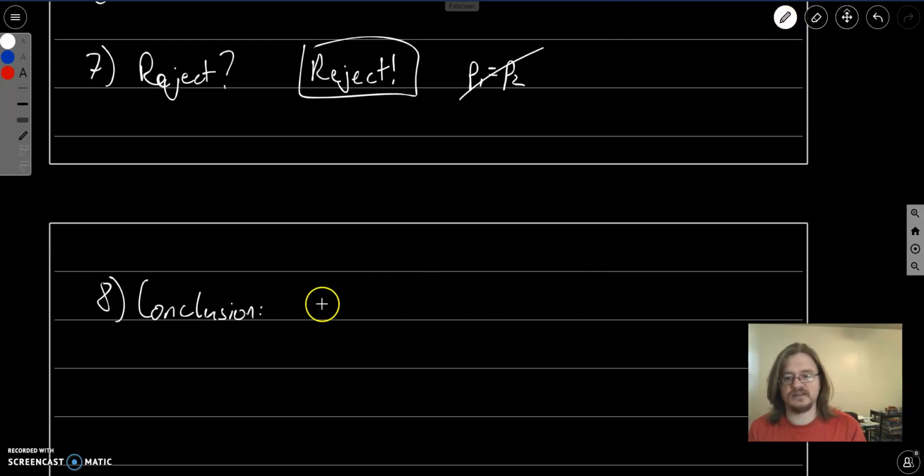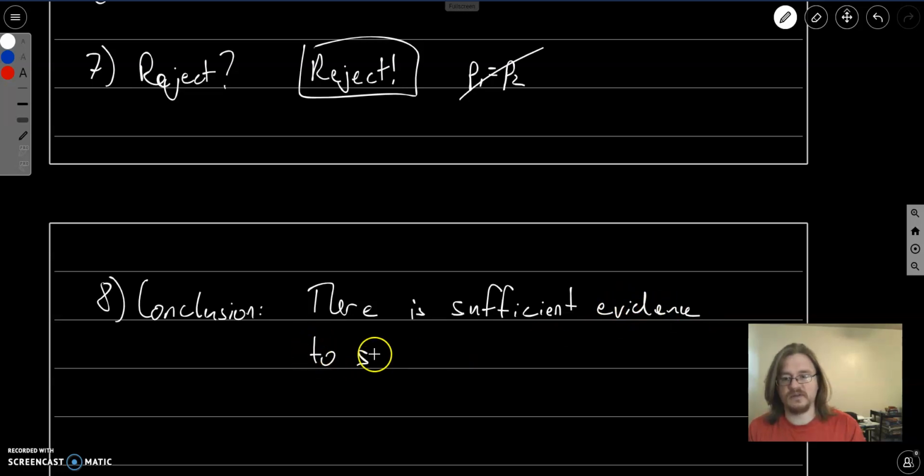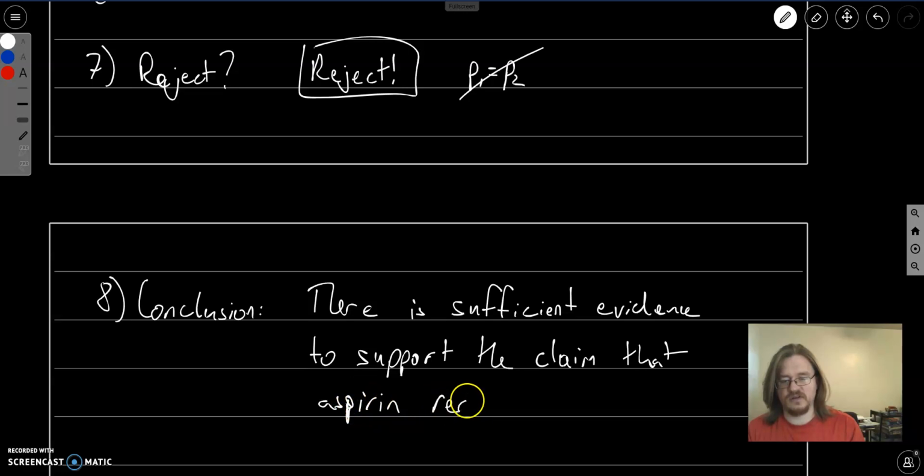So our conclusion is that there is sufficient evidence to support the claim that aspirin reduces heart attacks. Oops, can't write today. Aspirin reduces heart attacks.